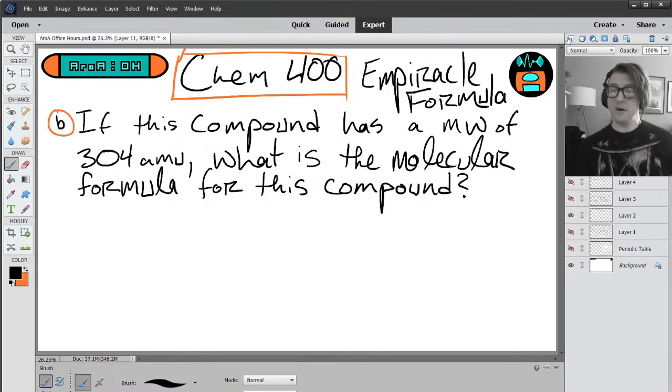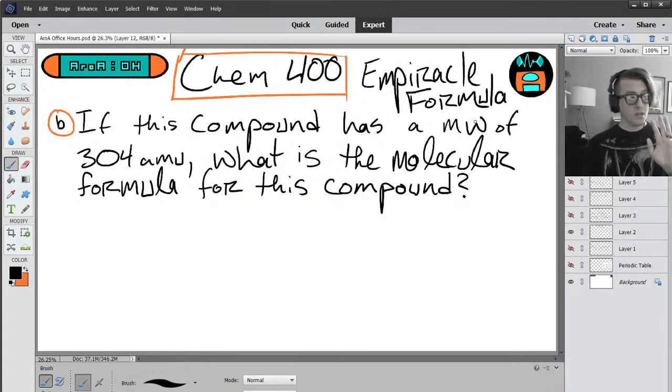All right. Now, to find the molecular formula, you can do this if you know the empirical formula and the molecular weight. And here's why. We know that the difference between a molecular formula and an empirical formula is a scalar factor.